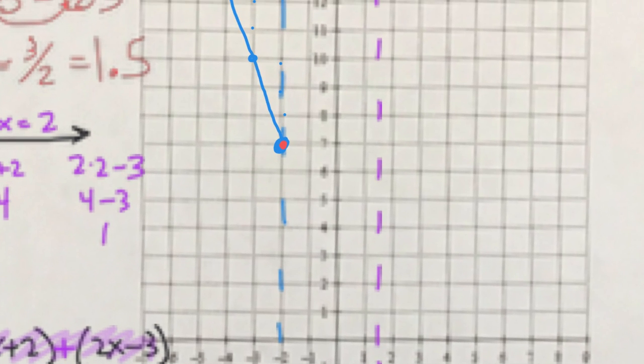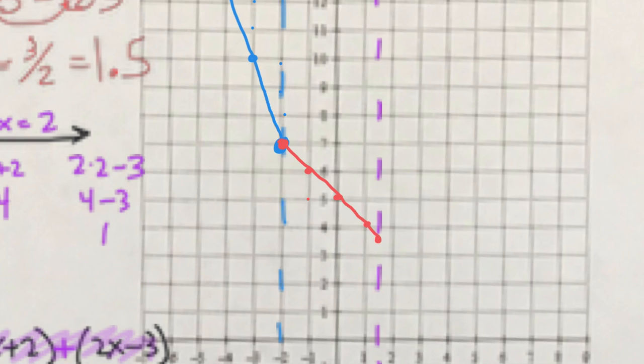So our middle graph is starting here at 7. Right? So it's continuous, and it has a negative 1 slope. So down 1, right 1, down 1, right 1, down 1, right 1. And then we're going to run into our fence somewhere there at the half. Right? So it's not going to be at a whole value. It's going to be somewhere at a half.